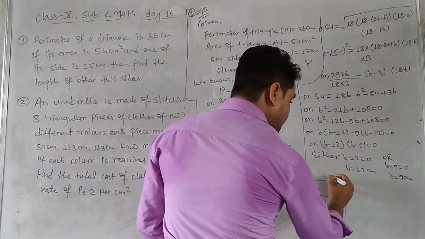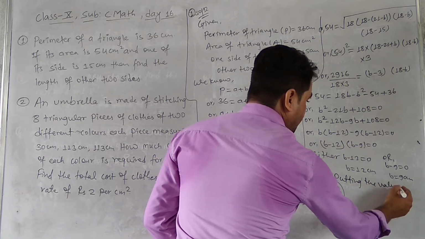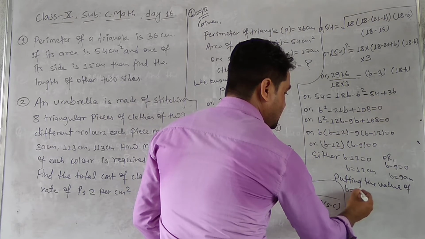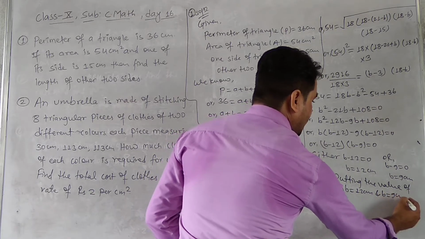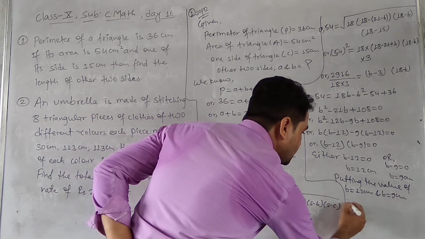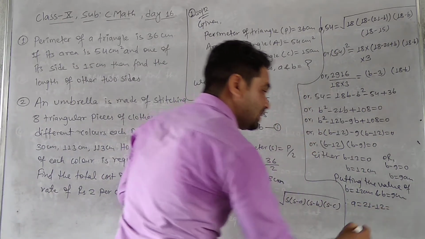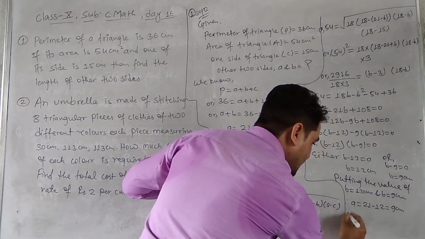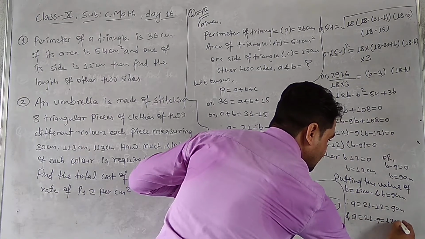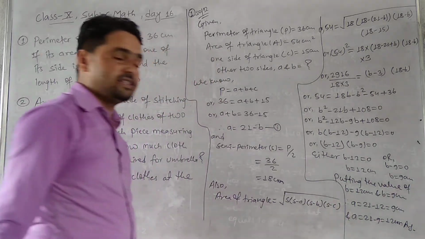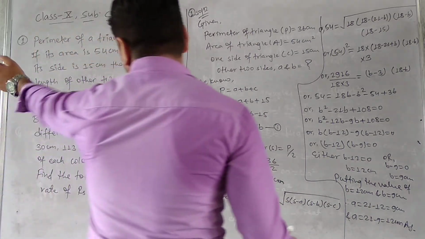And putting the value of b equals to 12 cm and b equals to 9 cm, therefore a equals to what? 21 minus 12 we get 9, and a equals to 21 minus 9 means we get 12. This is the required answer, no? Yes, and in this way we find the solution of the question number first.